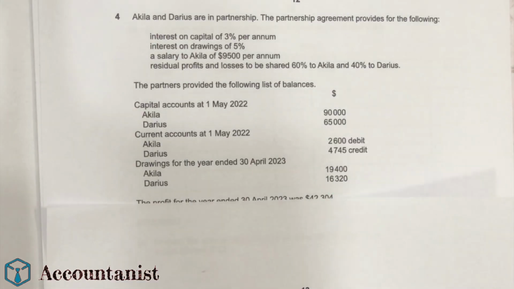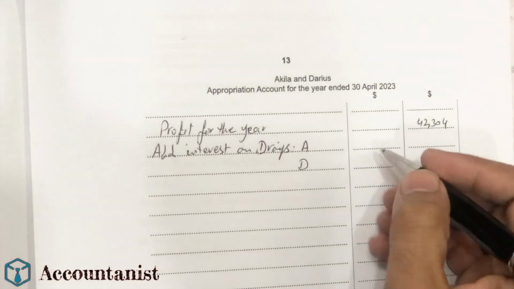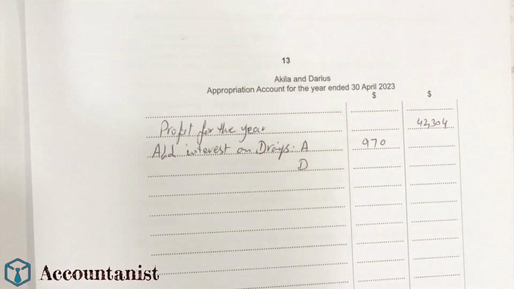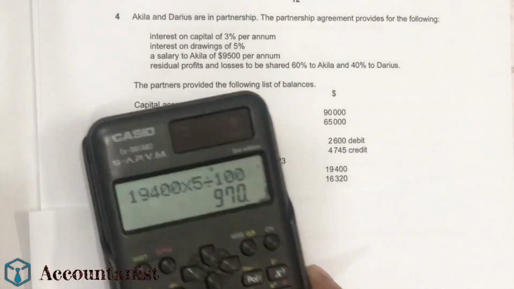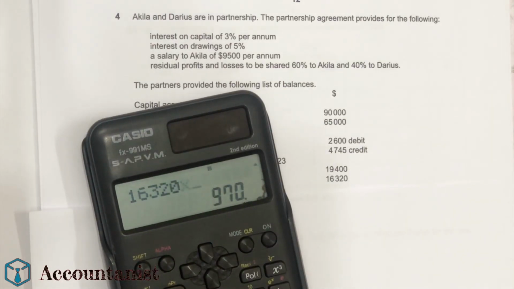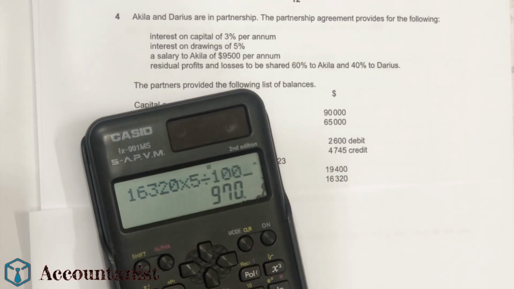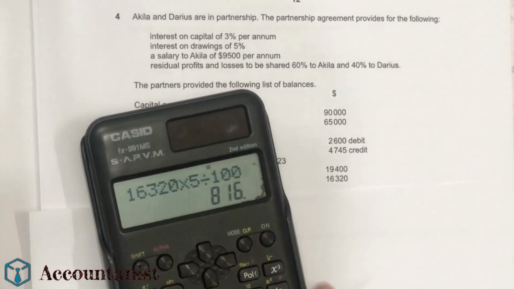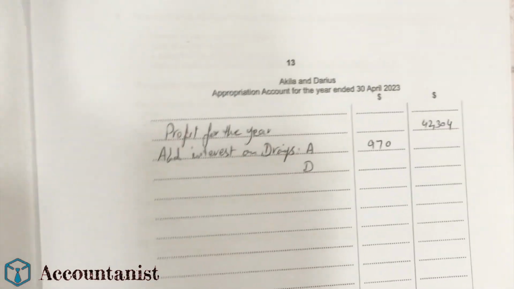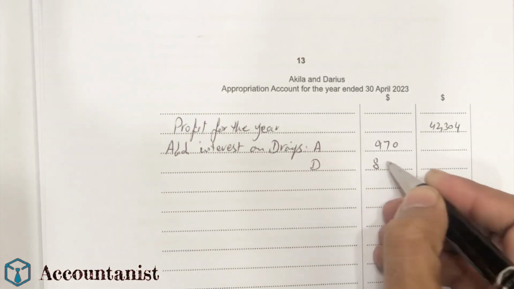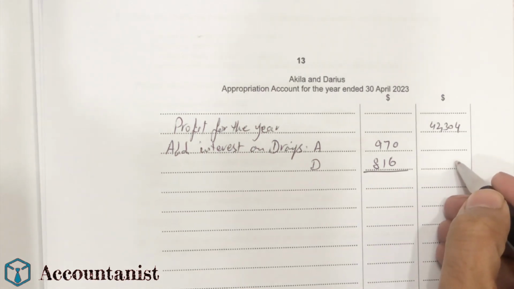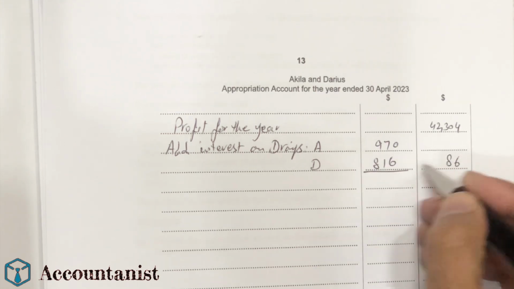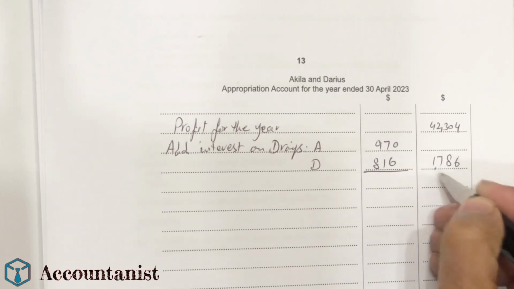I will write down this 970 in front of A. The second figure for D is 16,320, and 5% of 16,320 is 816. So I will write down 816 here, and I have to add both of these figures and record this here. So 6, 8 plus 9 is 17. So 17 will come up here.